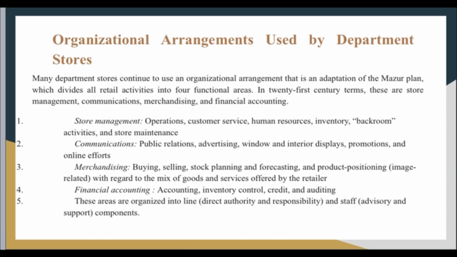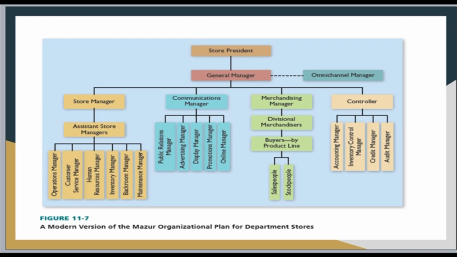Store management deals with operations, customer service, human resources, inventory, and other store maintenance services. Communications relates to public relations and merchandising covers buying, selling, stock planning and forecasting. Financial accounting deals with controlling and managing all the financial matters.